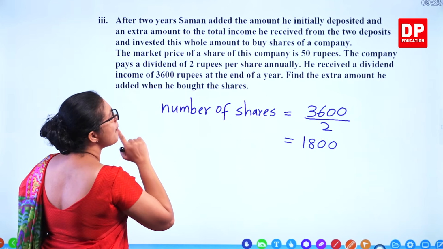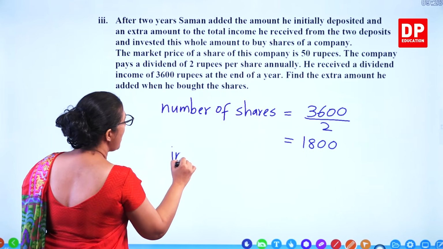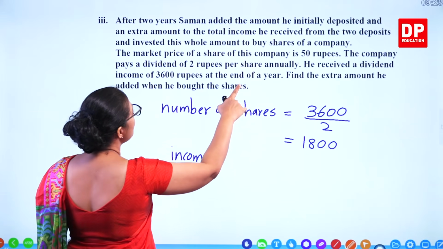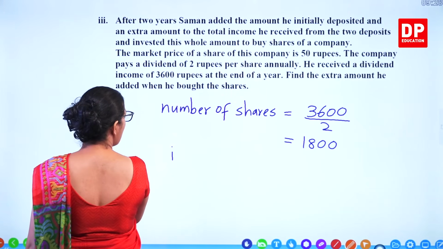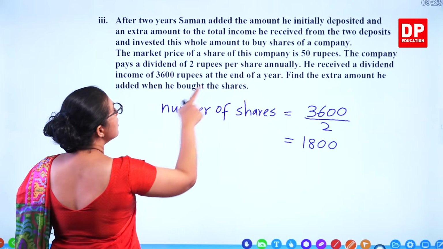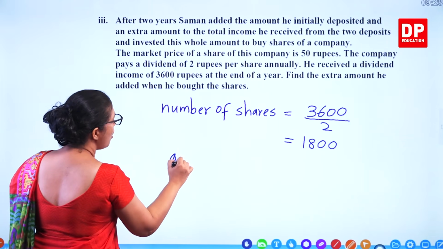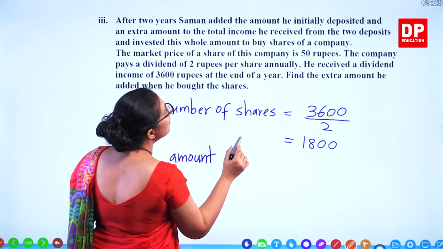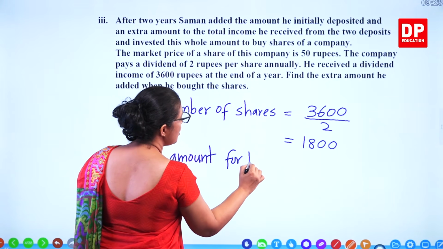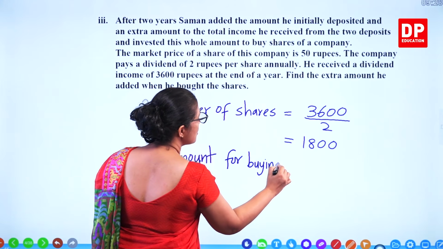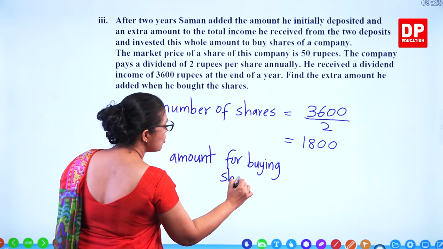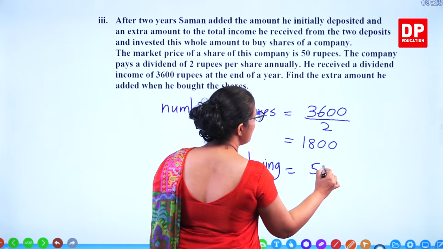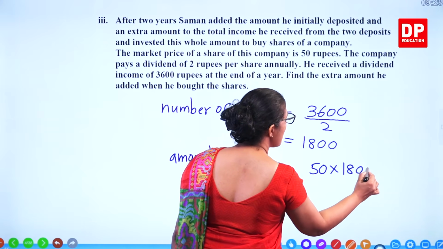So what's the amount for buying shares? 50 rupees for 1 share, and 1,800 shares are there.